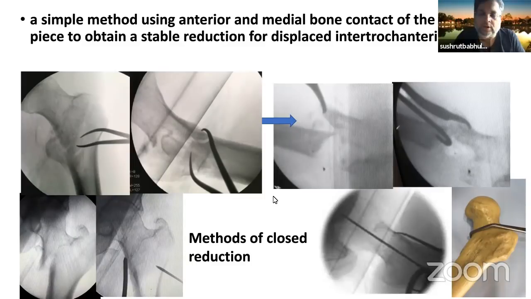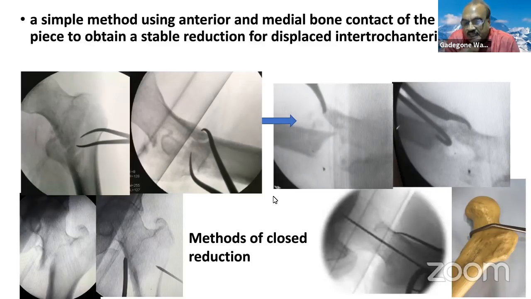Sir, can I stop you there? Dr. Gadegone, sir. How will you assess the integrity of the anteromedial wall on a plain X-ray? The cortical continuity of one trabecula to the other fragment should be there. That is the restoration of the Sentinel line, as you see here on the AP X-ray, the same Sentinel line-like landmark should be on the anterior side also.